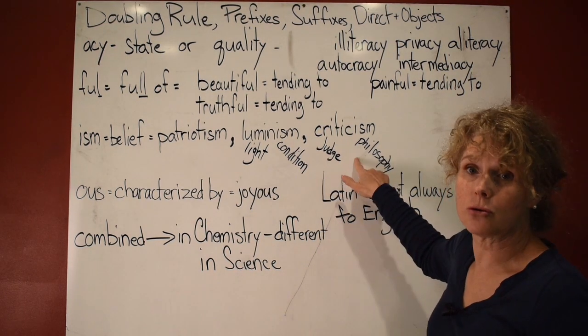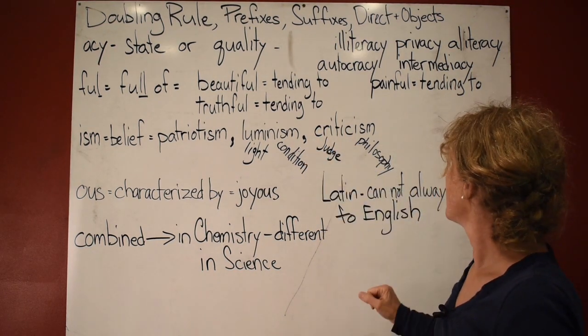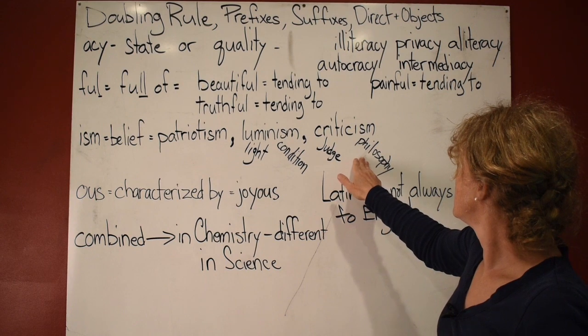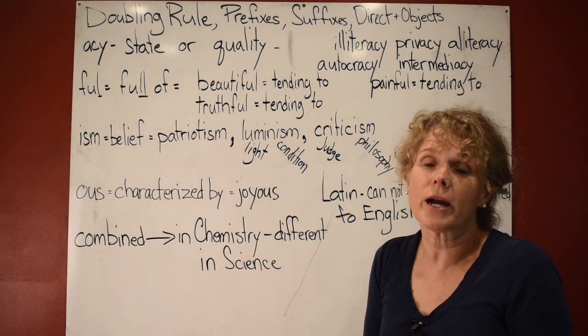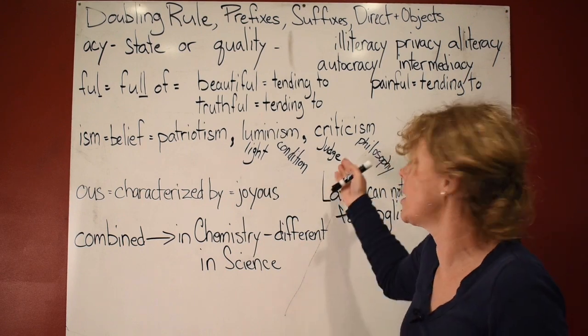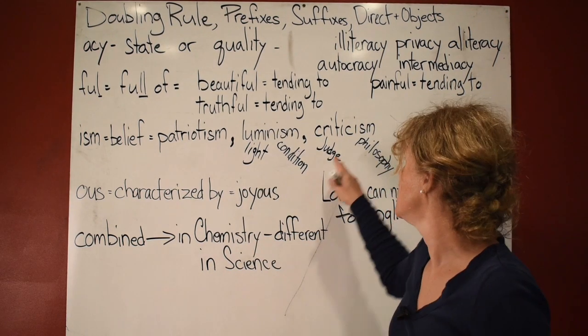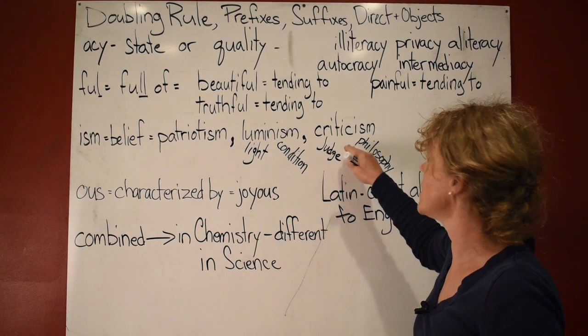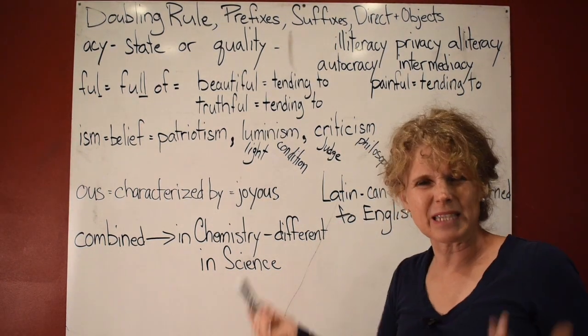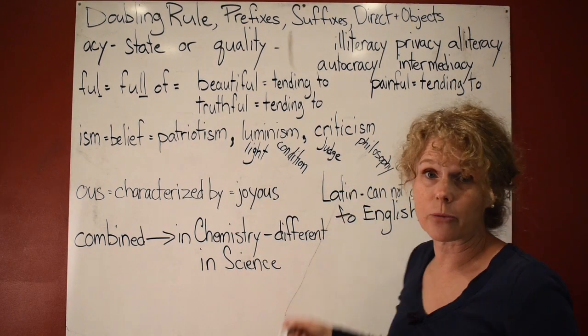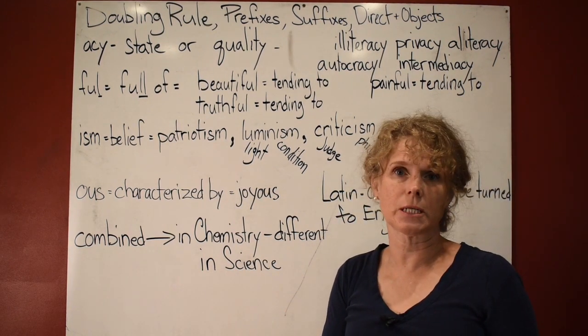Critic means to judge. And so you could either be judged righteously or you could be judged unrighteously, because there's righteous judgments. We always have to make judgments, right? So being a critic or having criticism isn't always bad. It sometimes sounds bad, but it isn't always bad. We always like, oh, they're criticizing me.